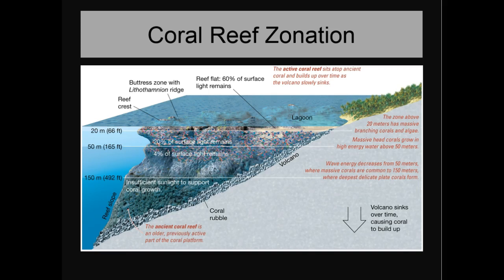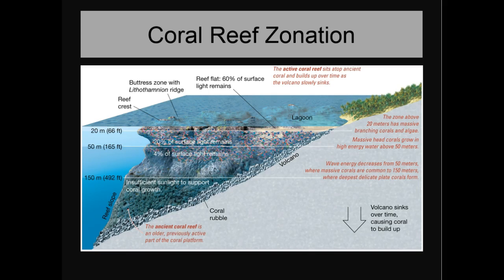They're going to be stronger, hardier to withstand the wave action. Down further below, we don't have as much turbulence. We also don't have as much photosynthesis. Down further below, we may have some of the coral that don't necessarily get 100% of the nutrition from the algae. We may have coral that are a little more feathery or twig-like, not as hardy because they don't need to be, because there's not very much wave action.